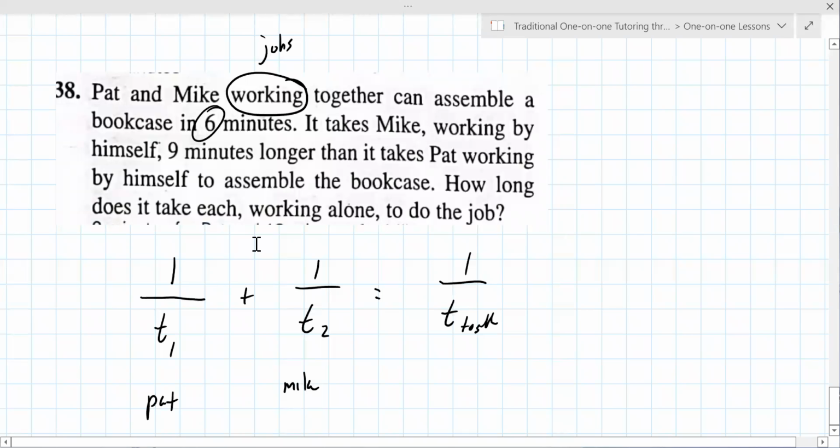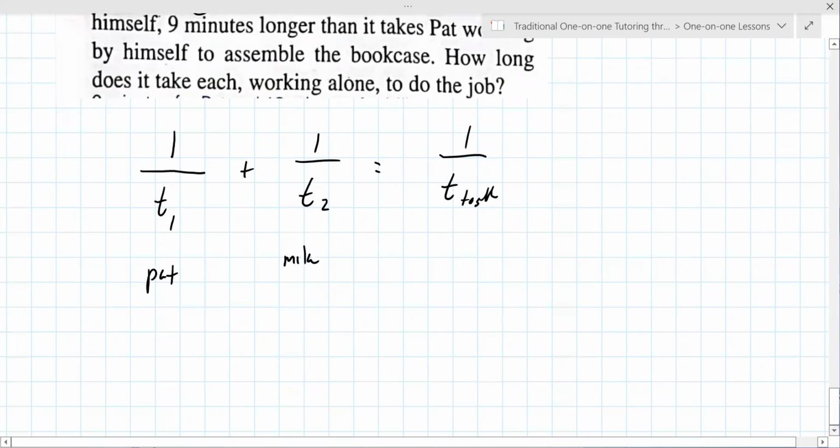Okay, so who do we not know, Pat or Mike's time? Or both? We don't know either, but we know Mike takes 9 minutes longer. So we could call Pat's time T and Mike T plus 9. Yes. And their time together is 6.